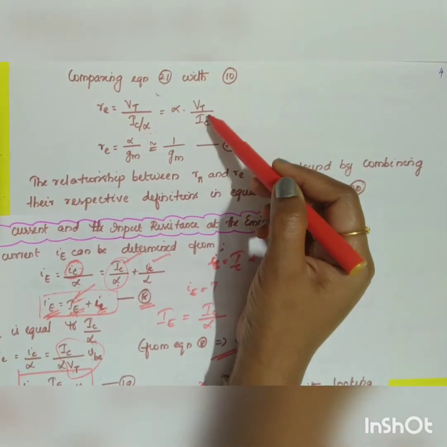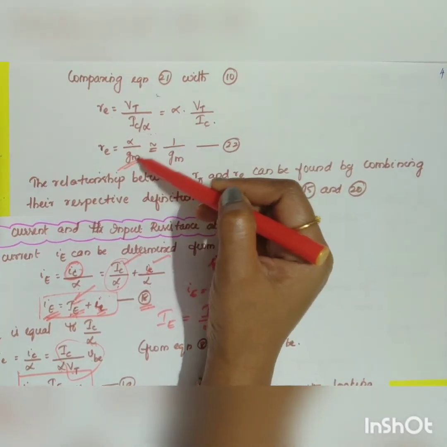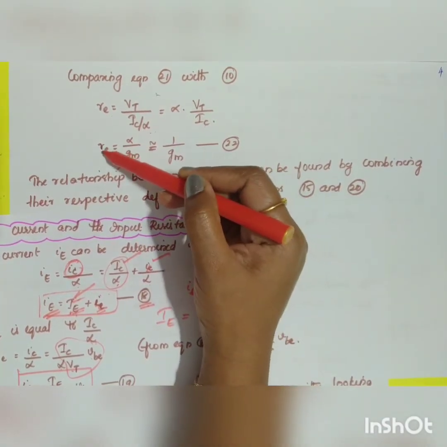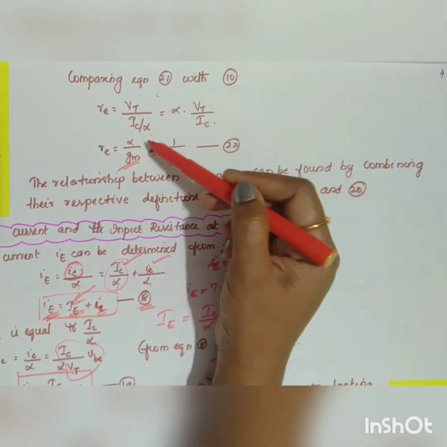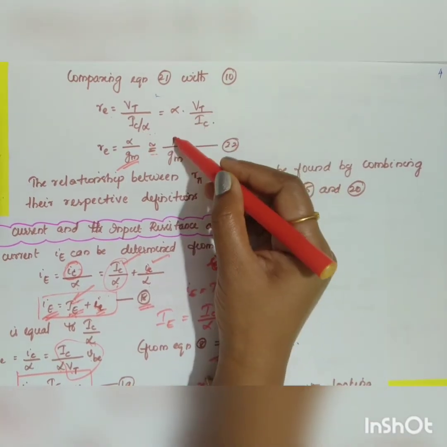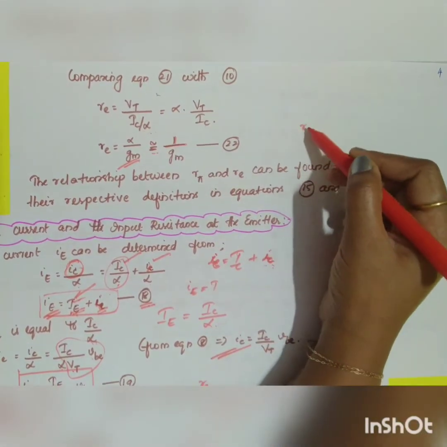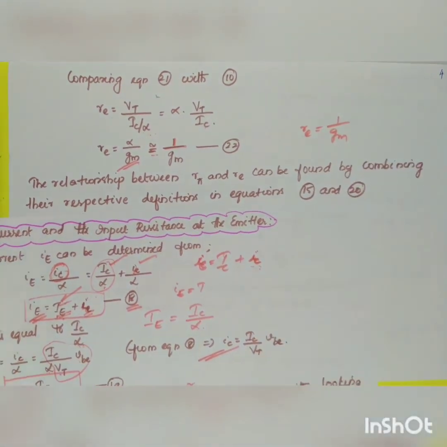You know that IC divided by VT is gm. Now reconfiguring it in terms of gm, re will be equal to alpha by gm. Approximately you can take alpha equal to 1, so re is equal to 1 by gm.